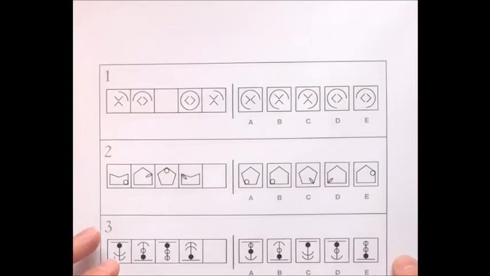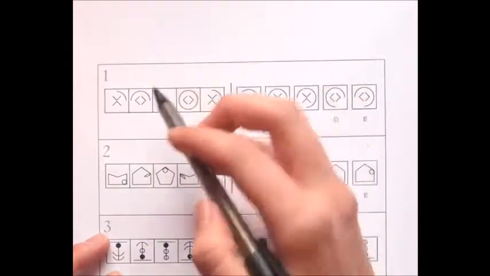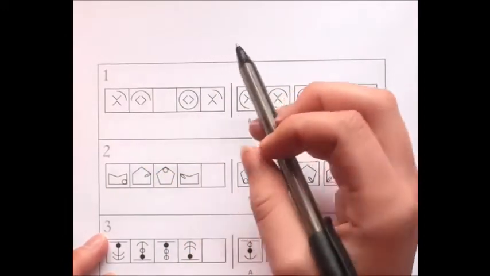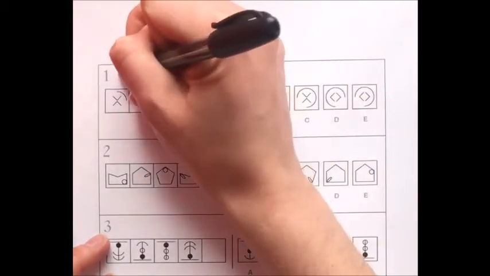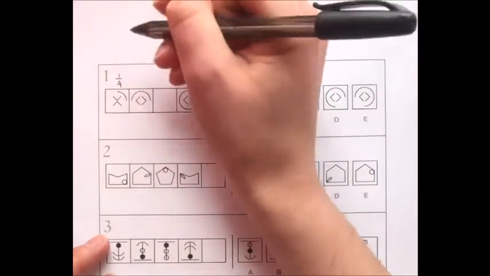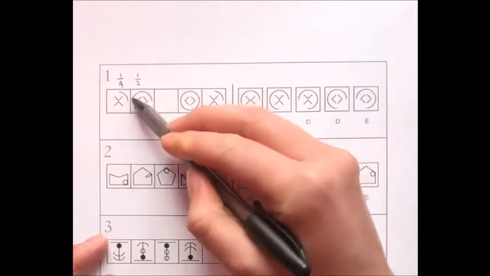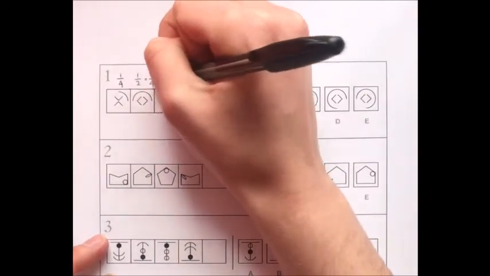So when I first look at this sequence, I see that this outer ring changes each time. That's what first catches my attention. So here we've got a quarter of a ring. Here we've got half a ring, like a semicircle, aka 2 quarters.